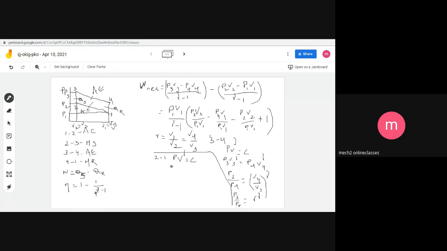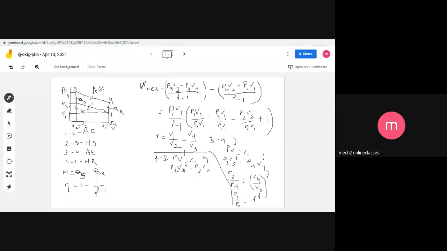P2 V2 to the power gamma is equal to P1 V1 to the power gamma. Sorry, it is process 1 to 2, not 2 to 1. So I can write this as P1 V1 to the power gamma equal to P2 V2 to the power gamma.